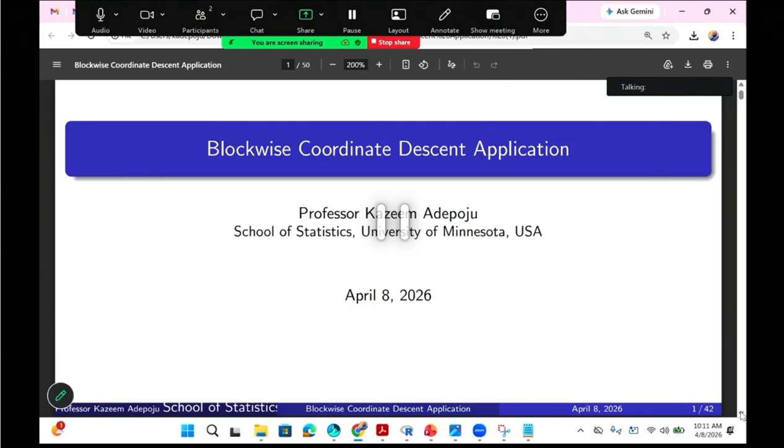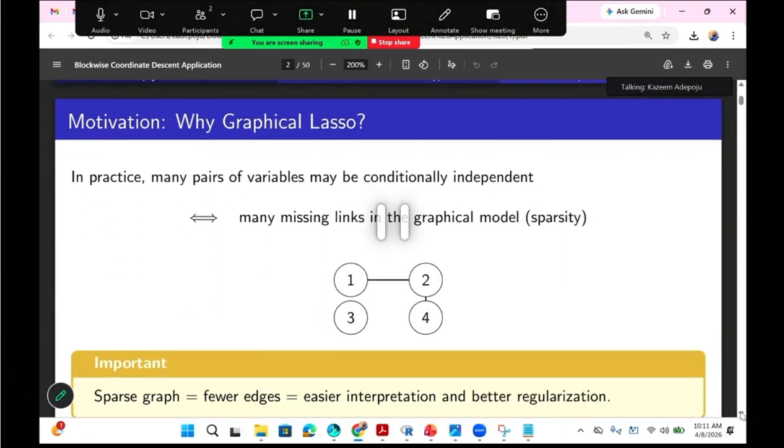So the approach that we are going to use is called blockwise coordinate descent, and that's why we want to focus on that in this lecture. Looking at what I'm projecting now, why do we need graphical lasso?